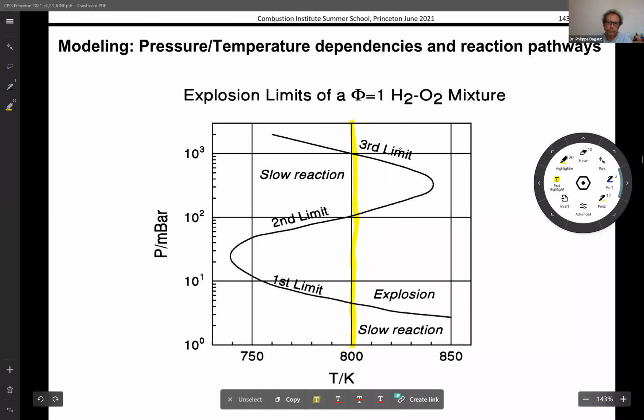So what's going on? That clearly cannot be explained by 2H2 plus O2 giving 2H2O. This must have to do with some of the elementary reactions which constitute the reaction mechanism of hydrogen oxidation.